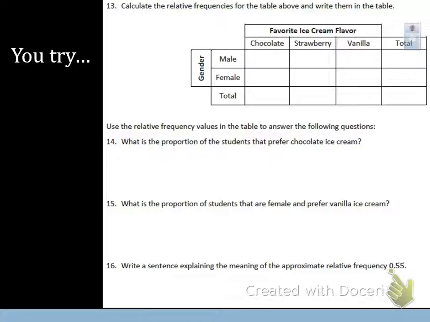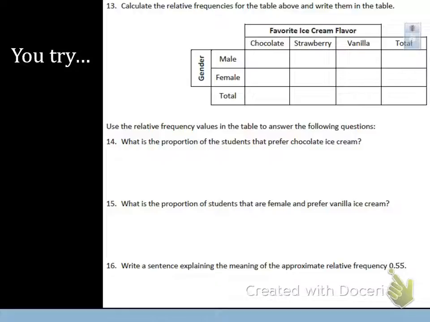I'm going to go ahead and help you set up the fractions, but in all reality, we really want the percentages, or the decimal. So after I set up the fractions, I'm going to give you a couple minutes by yourself to create those decimals and then answer number 14, 15, and 16 for the table.